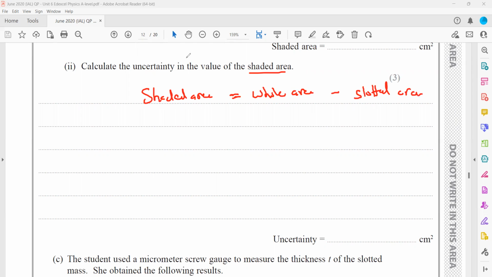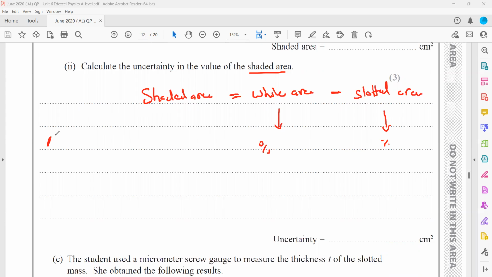Uncertainty always adds. So first we'll find the percentage uncertainty in the whole area, and we already have the percentage uncertainty in the slotted area. Even though the value is calculated by subtraction, we will add. So how do we work out the uncertainty in the whole area?